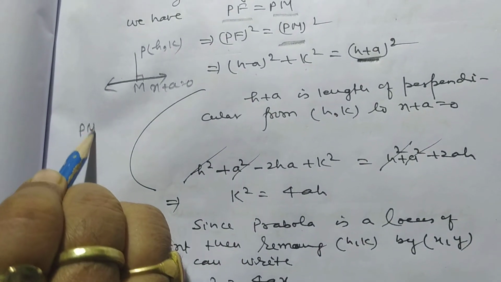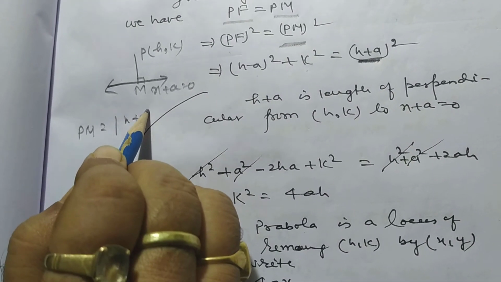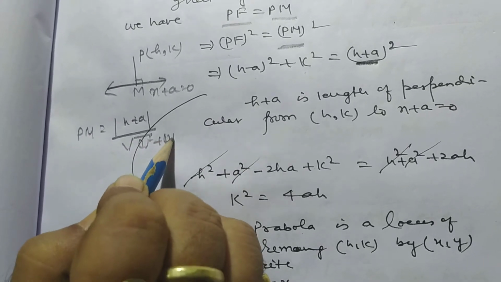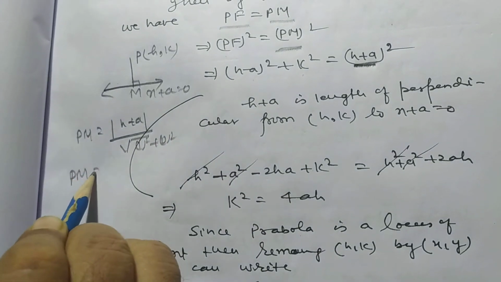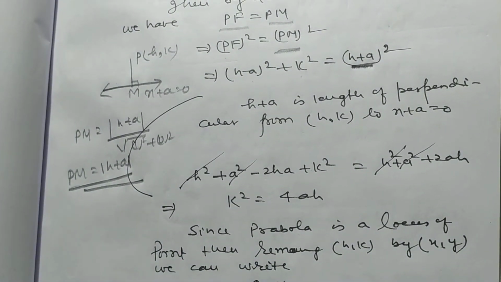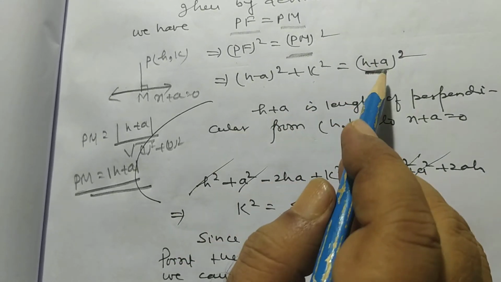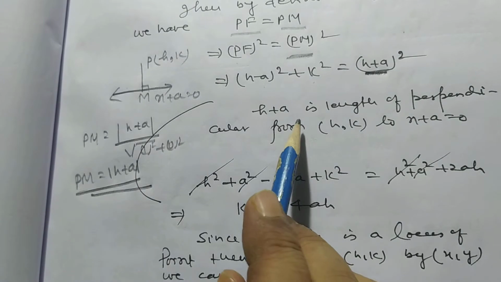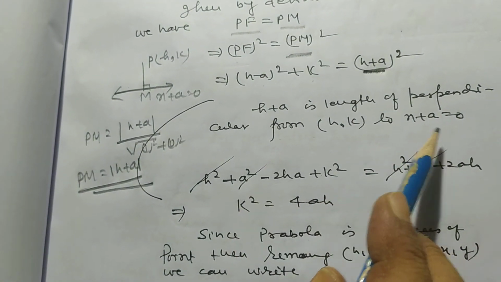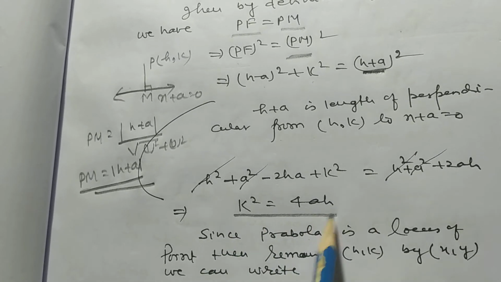So PM is equal to h plus a over the root of 1 square plus 0 square, that is PM equals mod of h plus a, my dear students. So PM square is equal to (h plus a) whole square, where h plus a is the length of the perpendicular from (h, k) to x plus a equals 0. Now after simplifying, we have k square equals 4ah.